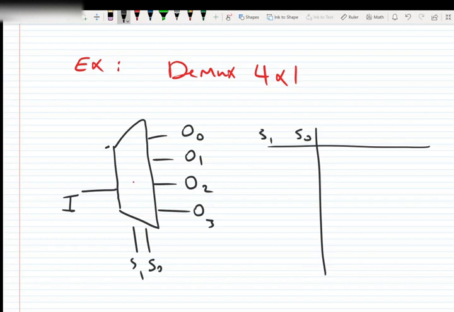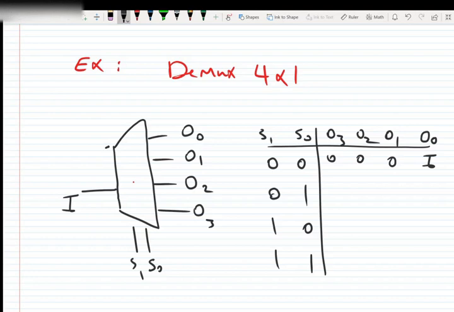So S1, S0: 0 0, 0 1, 1 0, 1 1. The outputs are O3, O2, O1, O0. If the control input is 0 0, O0 is I, and the other outputs are 0.